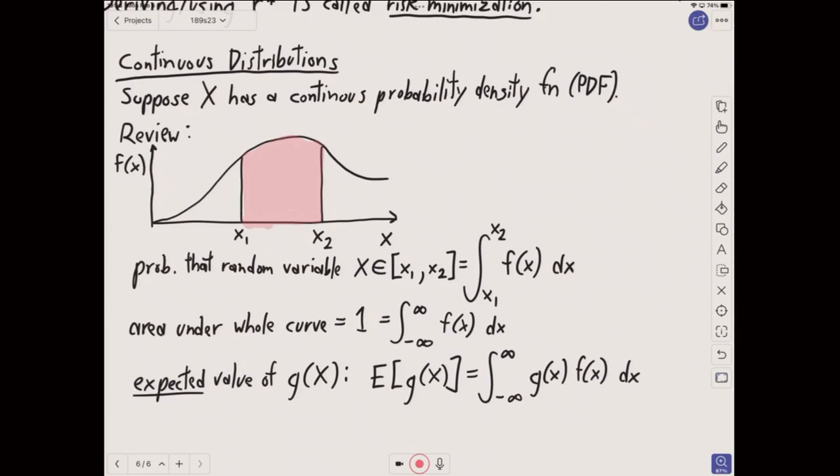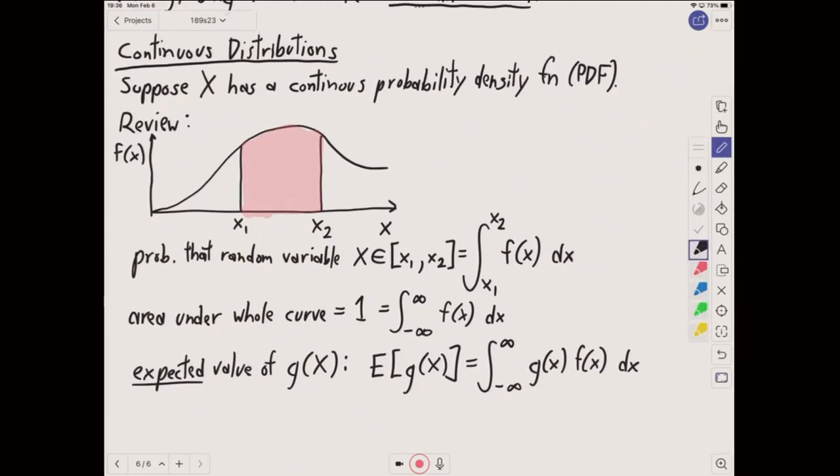And one extremely useful special case of that is, of course, the mean value of a random variable, which statisticians like to write mu, or expected value of x, is what you get when you do that integral where g of x is just x.